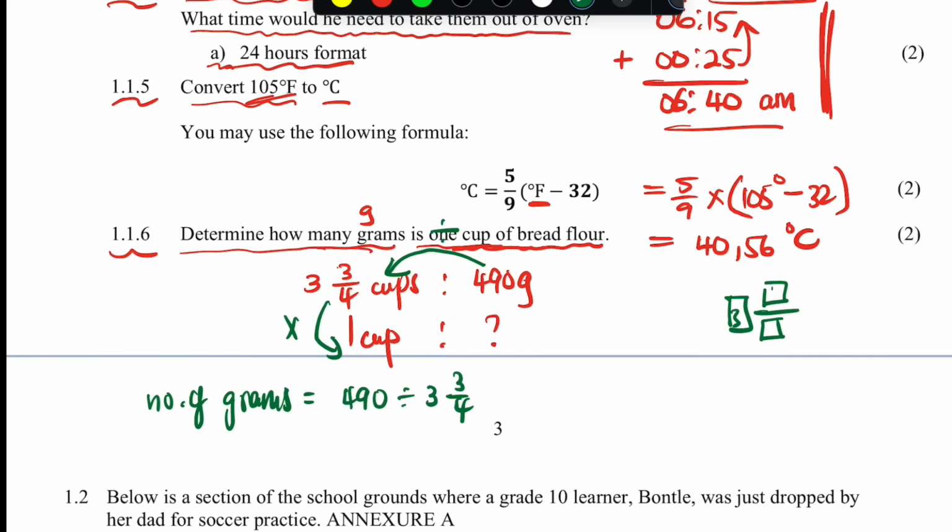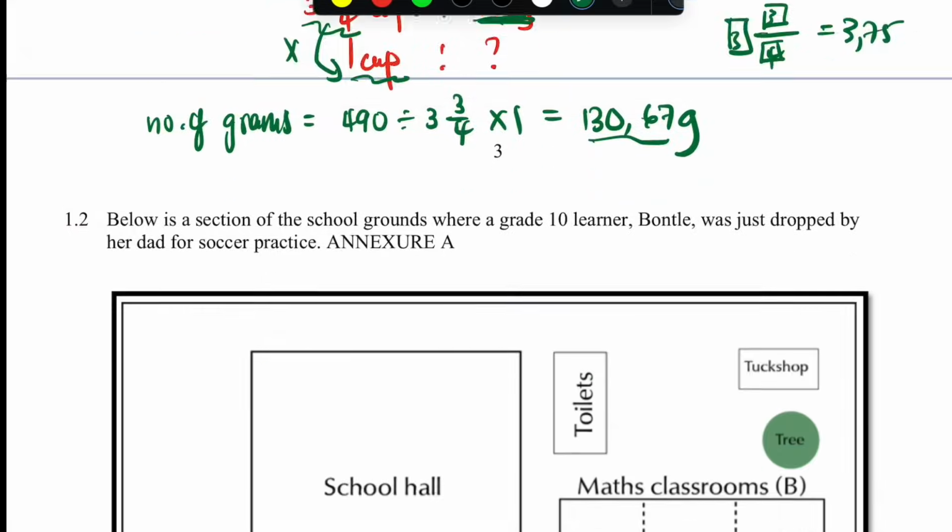So you put the 3 and the 3/4 there. So this is 3.75, right? So you divide and we times by 1. So our answer here is going to be 130.67 grams. So if 3.75 cups is 490, 1 cup is going to be less than that, so it's 130.